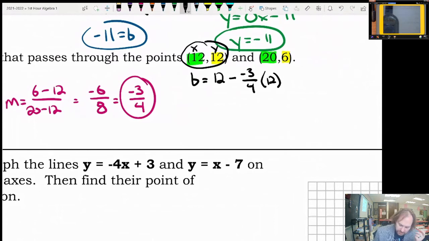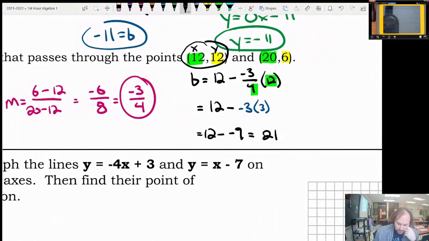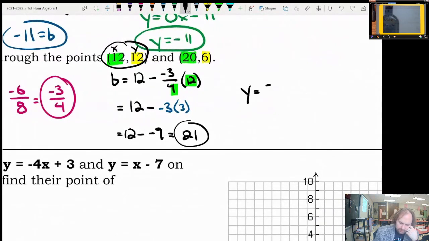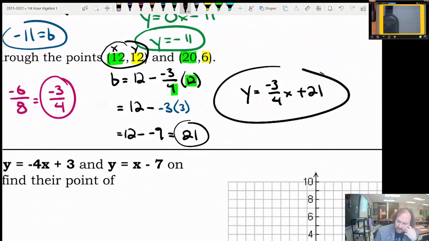Or, honestly, we don't need a calculator for this. 12 divided by 4 is going to become 3, and so this is -3 times 3. In other words, you get 12 minus -9, which is 21. That's what b is, by the way. So put that information together, and your equation is y equals -3/4 x plus 21. That's the equation.